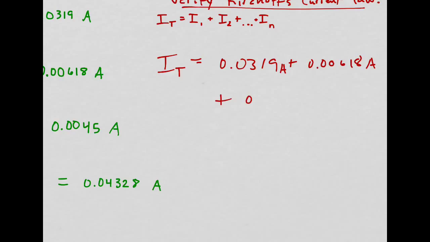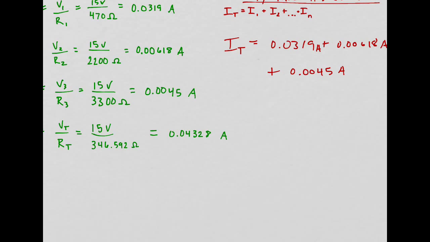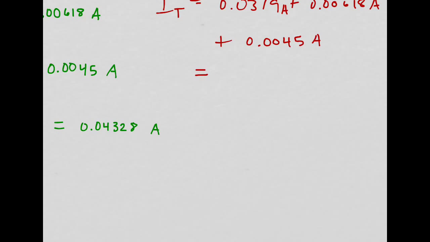Plus 0.0045 amps. And so we'll add that together. I'll do that on my calculator. And then hopefully I get this. Yeah, look at that. I get 0.04258 amps, which is close.